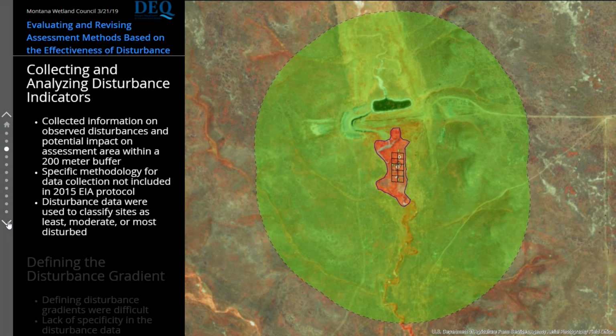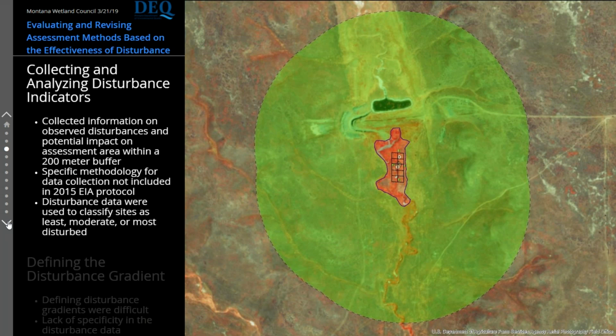We then went back, pretty much at the very end of the assessment, and said, all right, these are present. Based on our printed site maps, what do we think is the relative percent that this disturbance is present in the buffer, and what is its impact? We did the same for the analysis area. What is the percent of the disturbance that is present in the AA, and what is its impact?